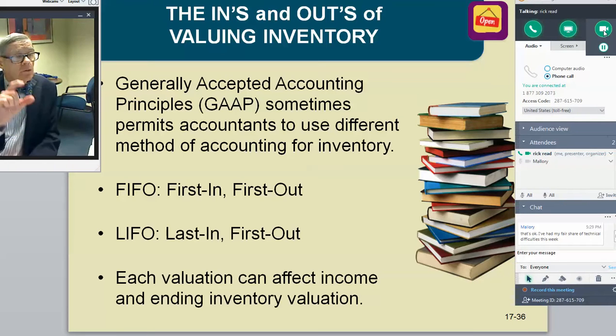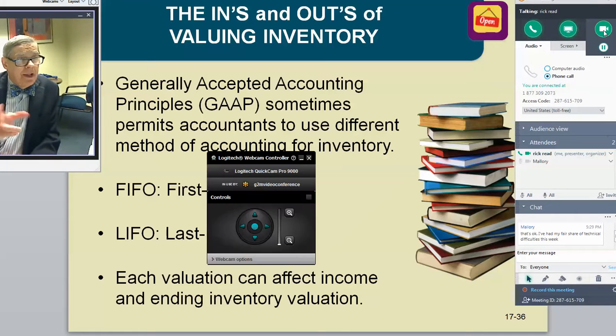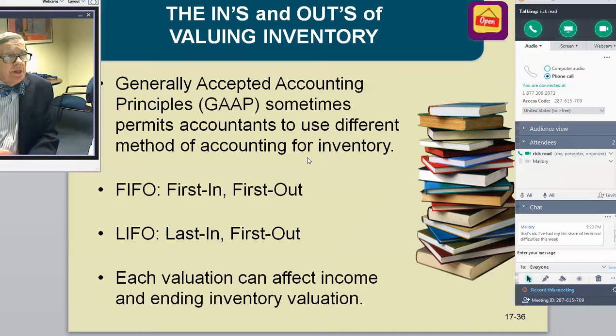Remember, affect here means influence income by ending the inventory and ending inventory valuation, I should say. It depends upon how you do that. Either way is acceptable, but you can't mix and match. If you mix and match, not only are you doing something that's incomplete, you may be doing something that's illegal.